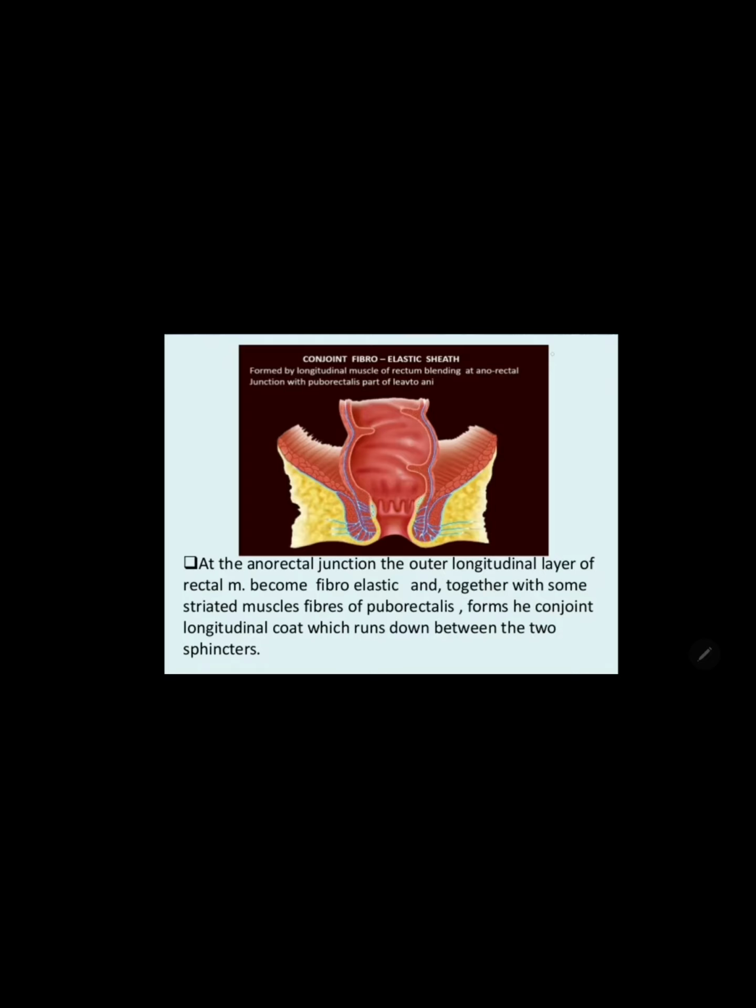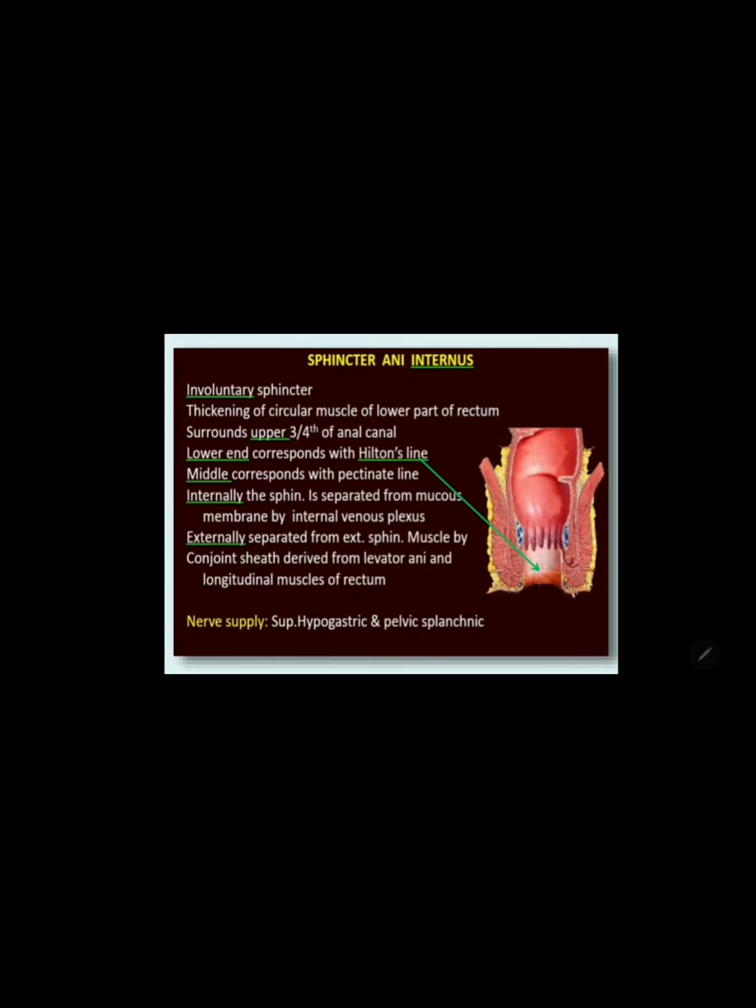It forms a conjoint fibroelastic sheath along with the puborectalis and passing between the two sphincters there. You can notice here this longitudinal muscle is forming a sheath here, that is conjoint fibroelastic sheath. So it supports the anorectal junction and anchors them.